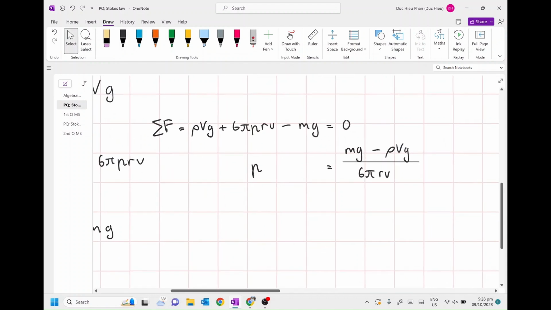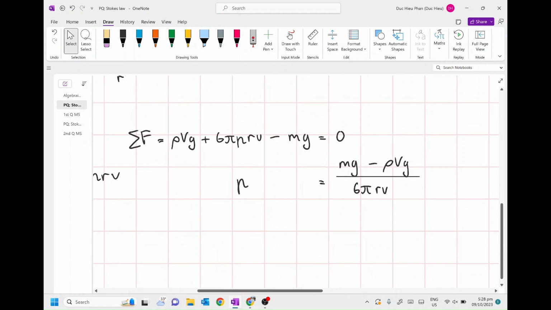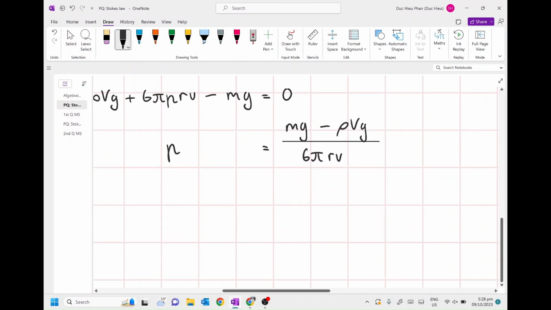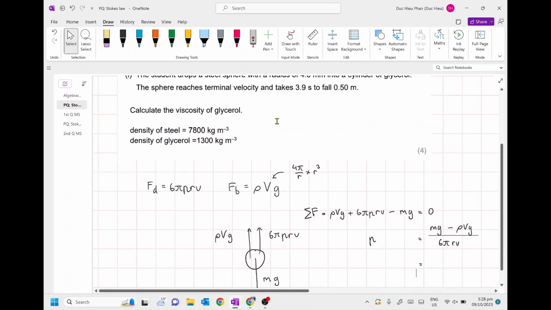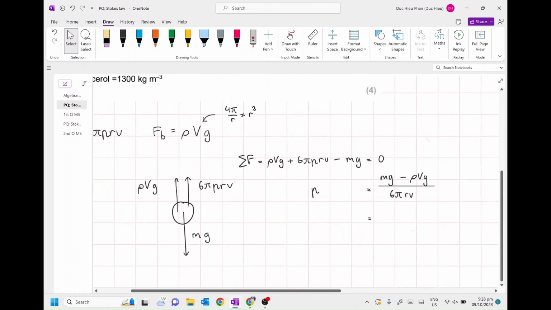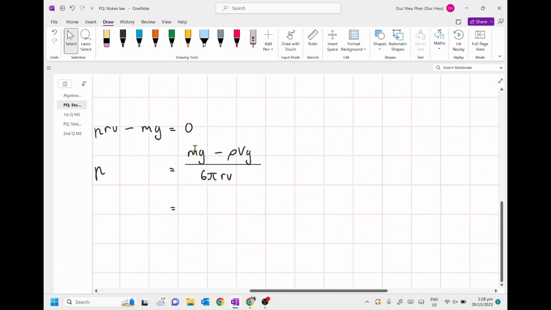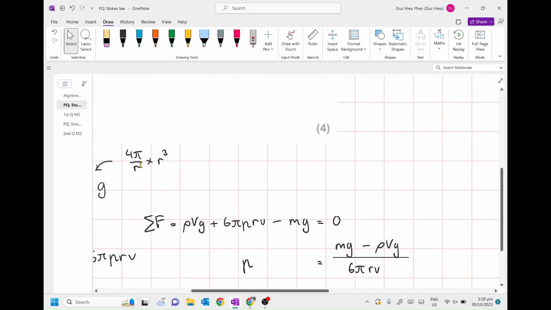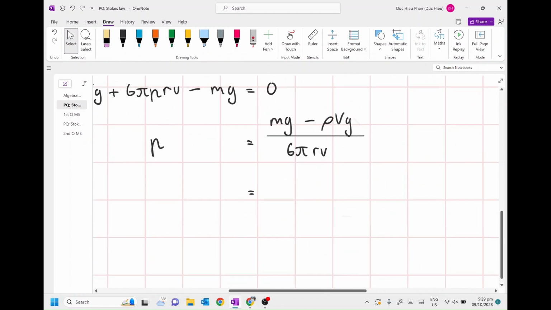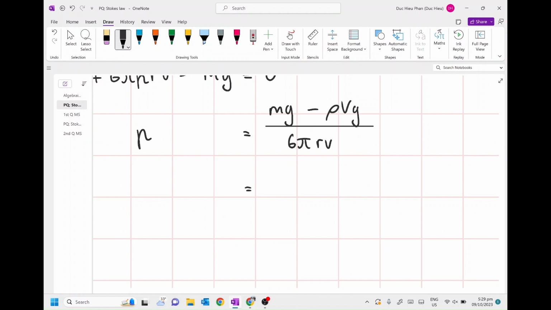All right, so that is the equation we rearranged for eta. Actually, I just realized they gave us the density of the steel, but they didn't give us the mass of the ball. So we're going to substitute 4 pi over 3 times r cubed into this and this to be able to substitute things in.